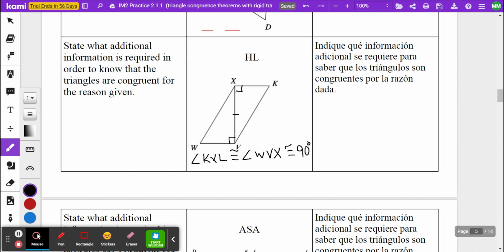So let me fix that. Make this say the measure of this angle equals the measure of this angle equals 90 degrees. Okay, so I would need to know that they were right triangles so that I could use hypotenuse leg congruence. And I would need to know that the hypotenuse of each triangle were the same length. Otherwise, I can't use hypotenuse. So I would need to know that XW were congruent to VK and that they were right triangles.